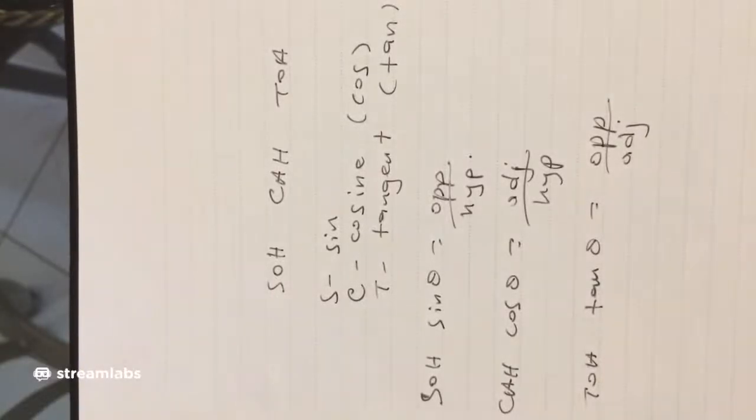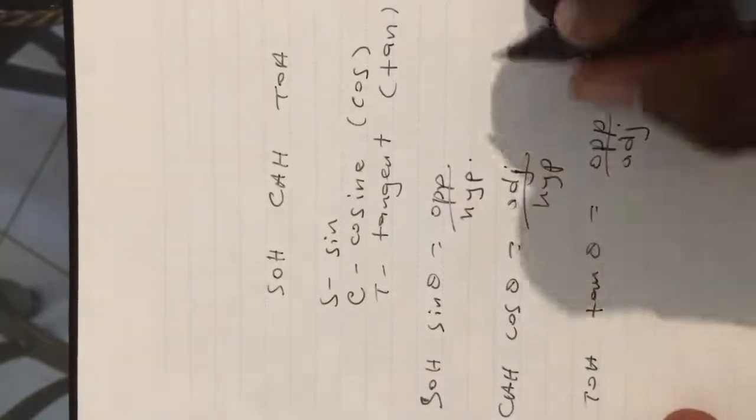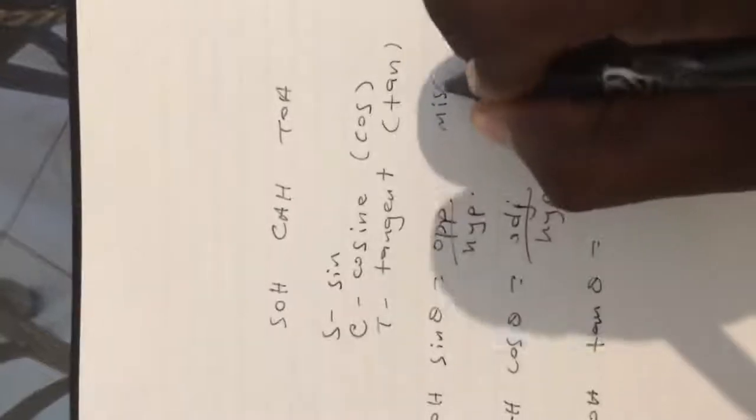Those are what we call the trig ratios, and the purpose of the trig ratios is to help us find missing angles and missing sides.